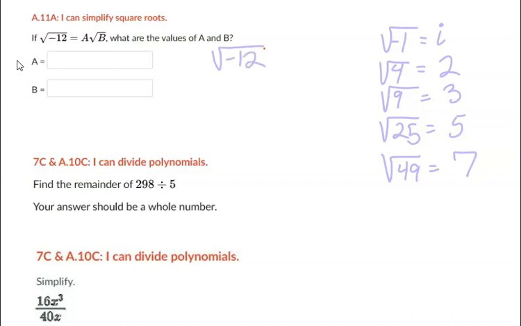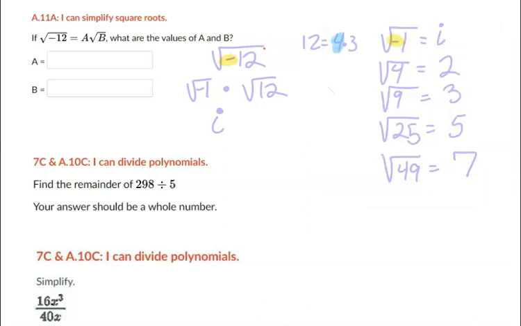Square root of negative 12. We have a negative, so we can factor out that i. We have the square root of negative 1 times the square root of 12. The square root of negative 1 is really an i. The square root of 12. Well, 12 is equal to 4 times 3.